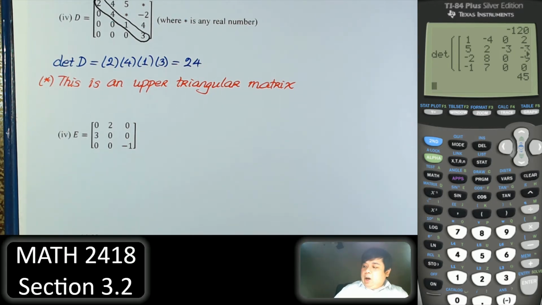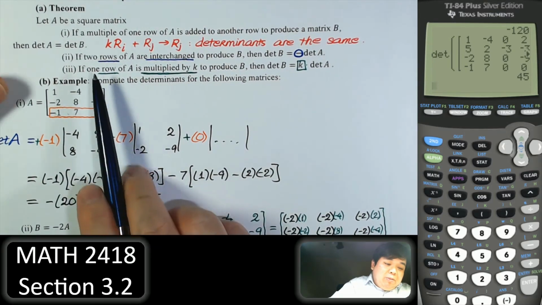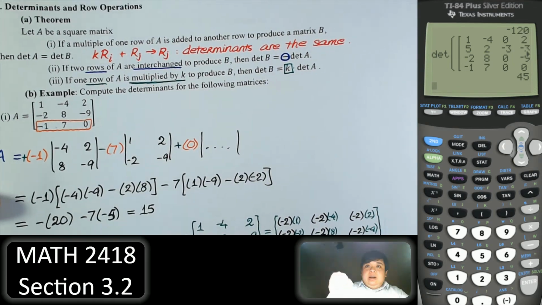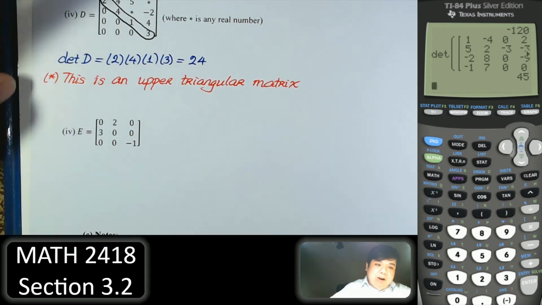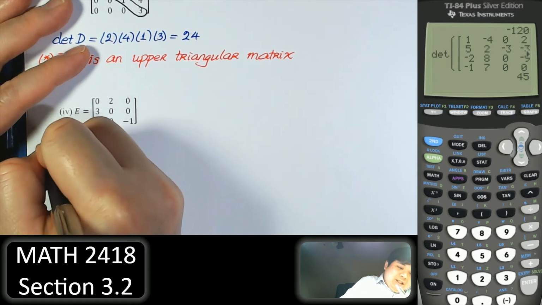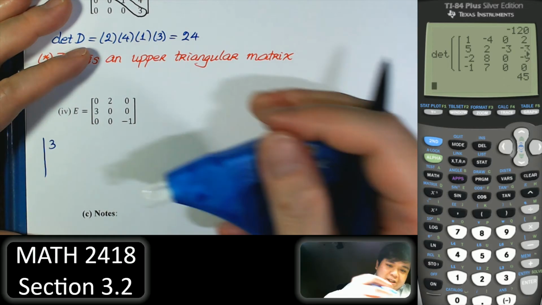So, what did we have earlier? If two rows are interchanged, then the determinant is going to be opposite to the previous one. So now I will write, let's just do it like this. Determinant of this.